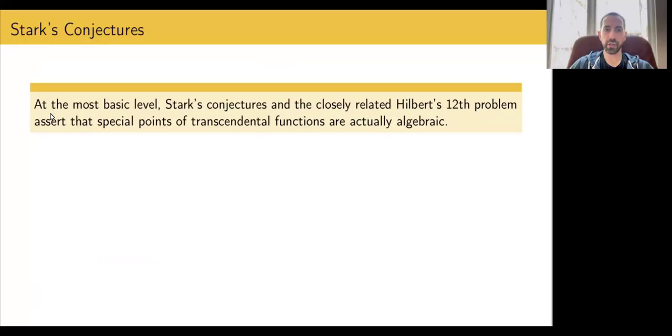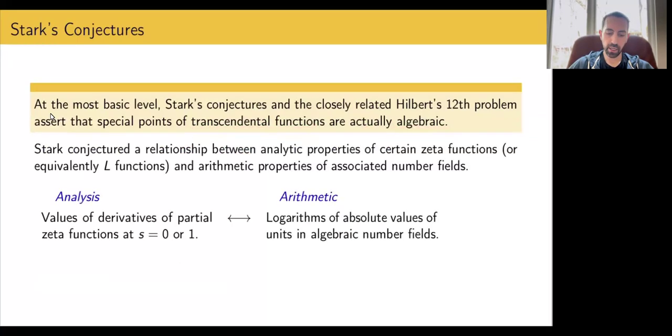Stark's conjectures and the associated units assert that certain special points of transcendental functions are actually algebraic. Okay? So what it's trying to do, you can sort of guess by just looking at these two, transcendental functions on one hand, algebraic on the other. What it's trying to do is build bridges between analysis and arithmetic.